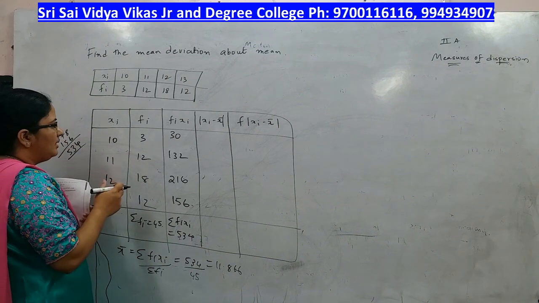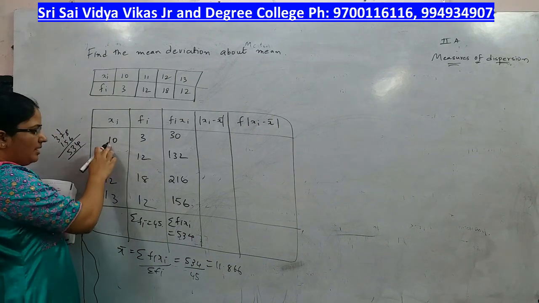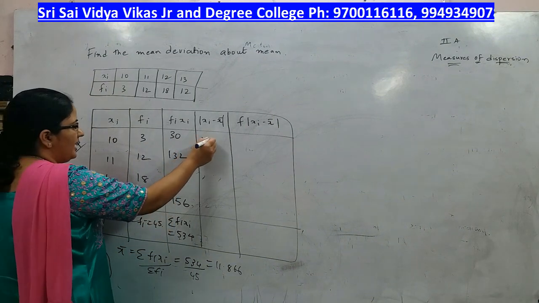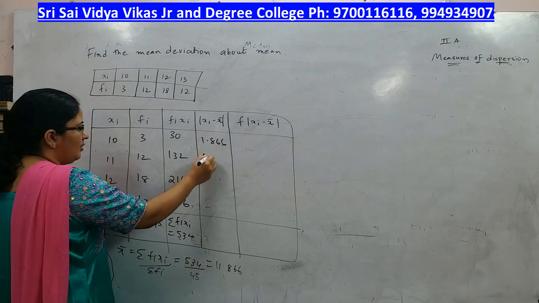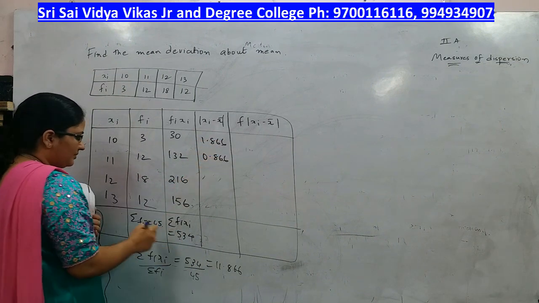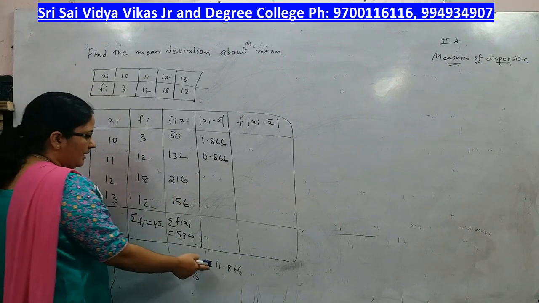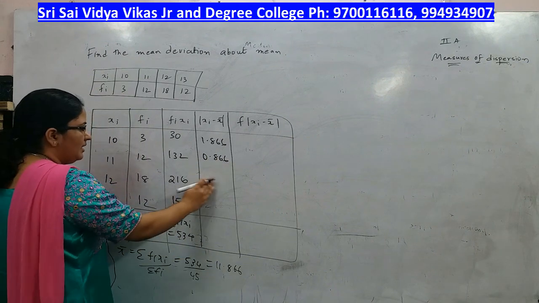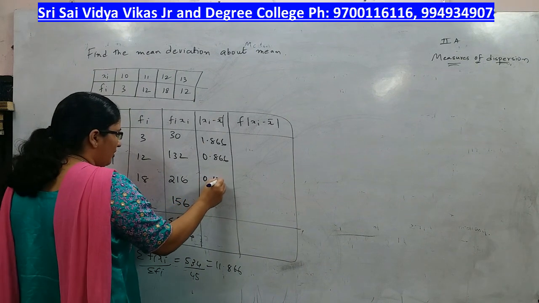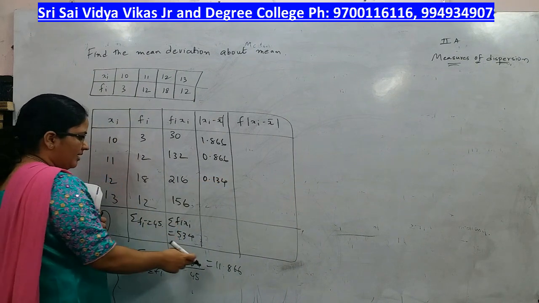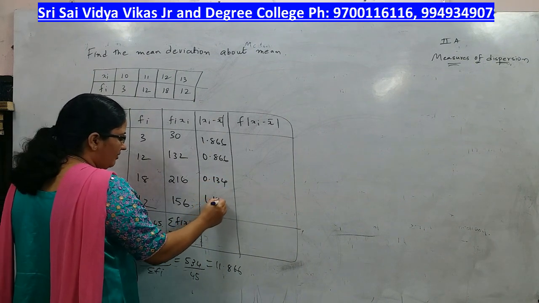Now xi minus x bar. 10 minus 11.866 is 1.866. 11 minus this is 0.866. 12 minus 11.866 is 0.134. 13 minus 11.866 is 1.134.